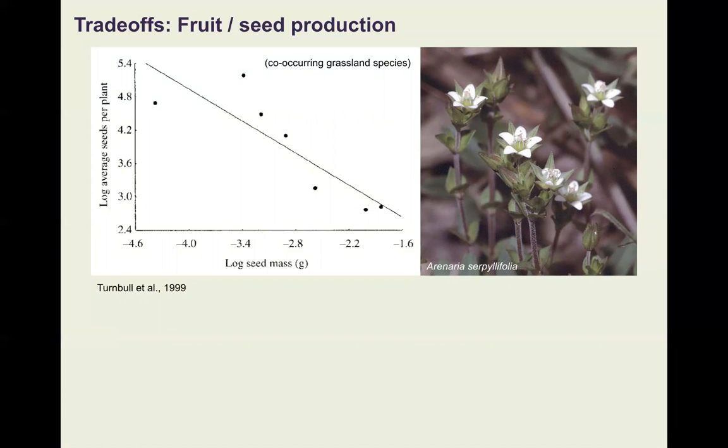So are they going to go in for lots of seeds or few seeds? If they have the same amount of energy to give, if they're making lots of seeds, each seed gets less. If they're making few seeds, each seed gets more. And pretty nice relationship here, illustrating that pretty tight correlation of number of seeds and size of each seed.